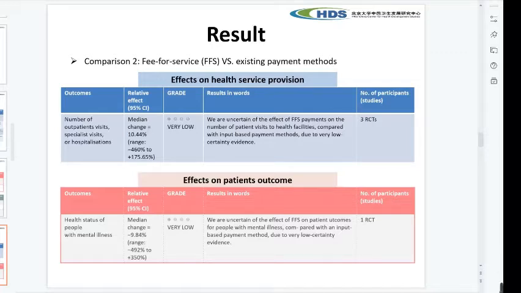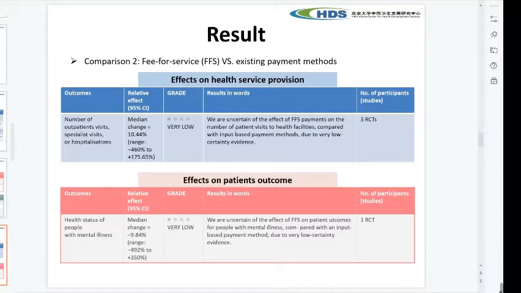Here is the result on the effect of fee-for-service compared with the existing payment method. We cannot get certain evidence regarding this comparison. The first reason is that most of the studies included in this comparison have a high risk of bias.